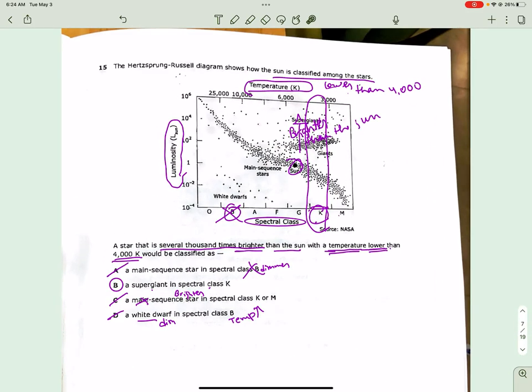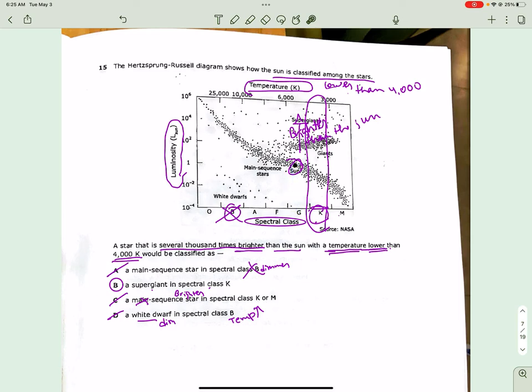15. The Hertzsprung-Russell diagram shows how the sun is classified among the stars. Here we see the sun. The sun's always going to be aligned with number 1 because that's what we use as a comparison. So then the sun is at 1 luminosity, and it's a spectral class G. It ends up right here in this section.